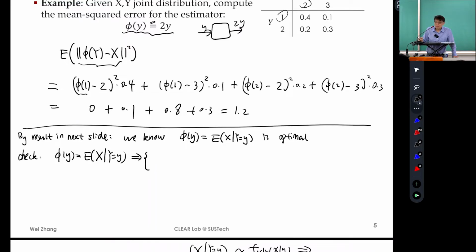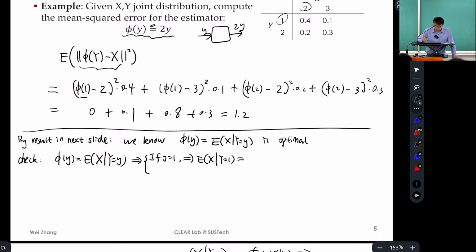How to compute this? Y is discrete, so I just enumerate the cases. Y can be 1 or 2. Let's say Y is 1, then the expectation of X given Y equal to 1 equals... When Y is 1, X is still random.